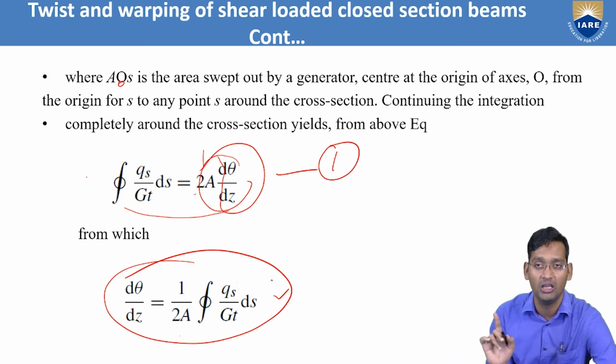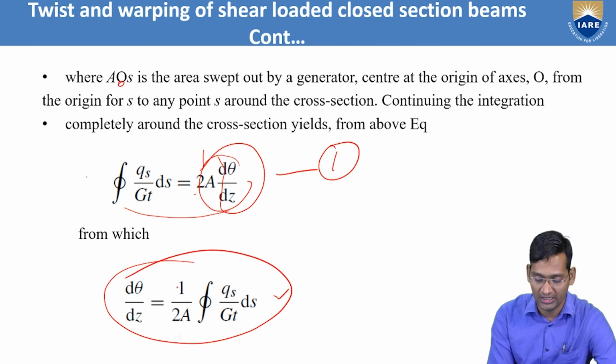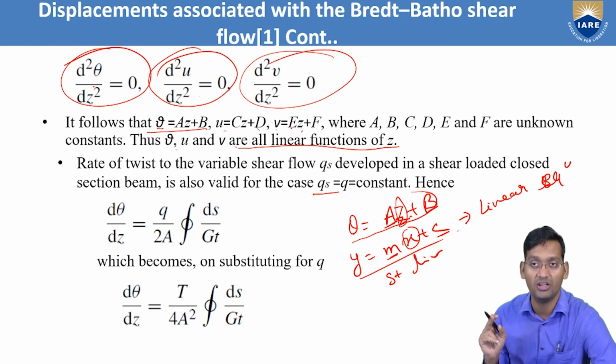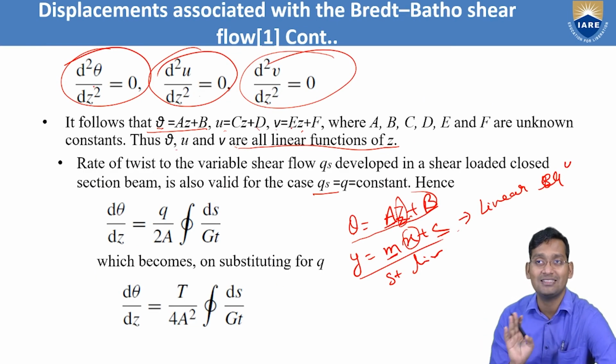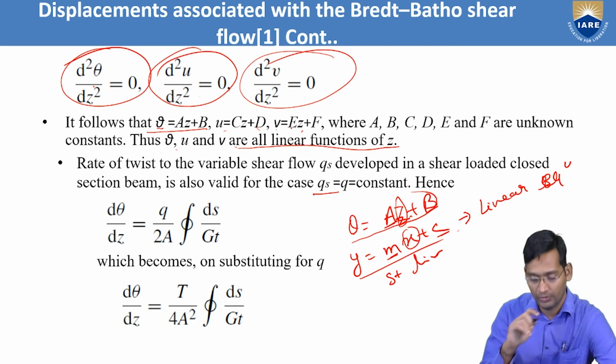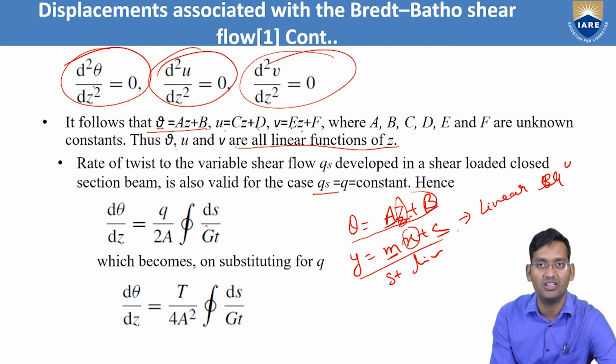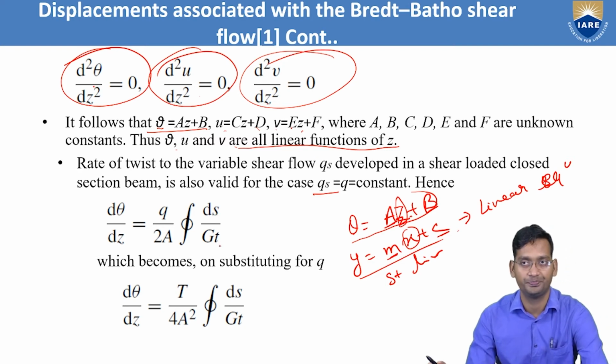But now we assume qs = q = constant, so the constant can be taken out: q/2A ∮ ds/Gt.